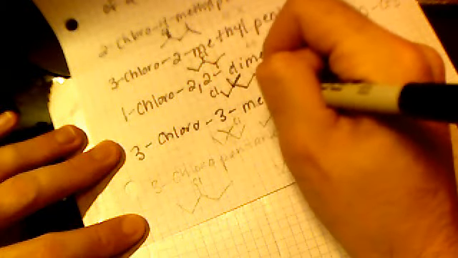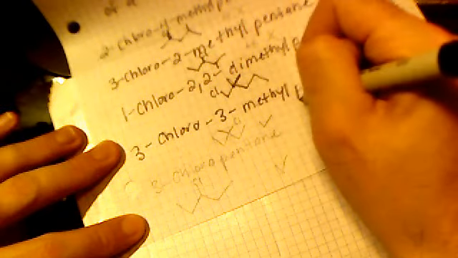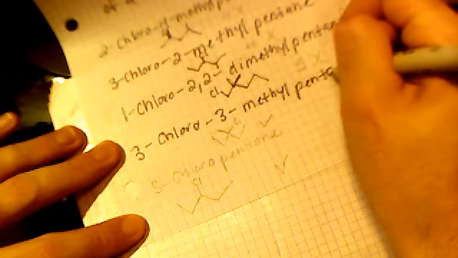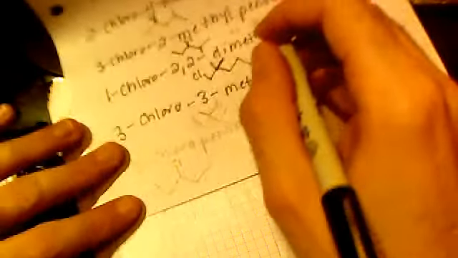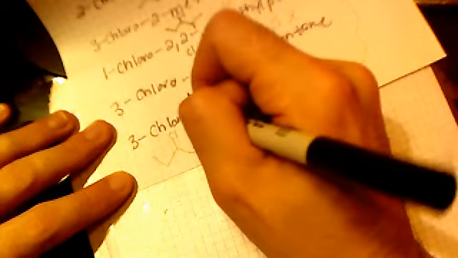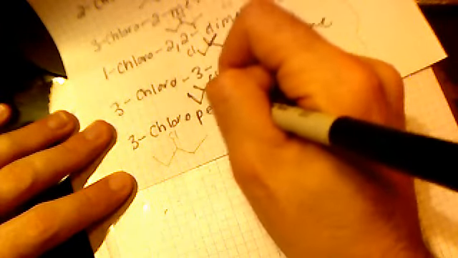And then they gave us 3-chloro-3-methylpentane. And that looks like this. Then we have 3-chloropentane.